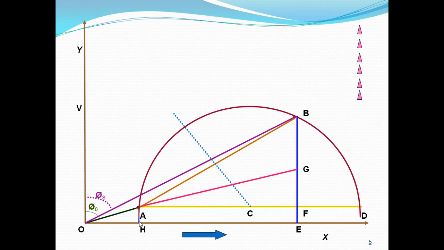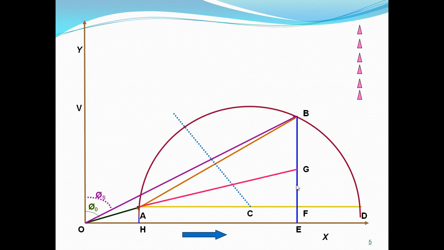A cuts the x-axis at H, and this B line cuts the x-axis at E and AD at F, and we will mark the point G so that AG shows the stator copper losses and GF shows the rotor copper losses. This is the stator copper losses and rotor copper losses.